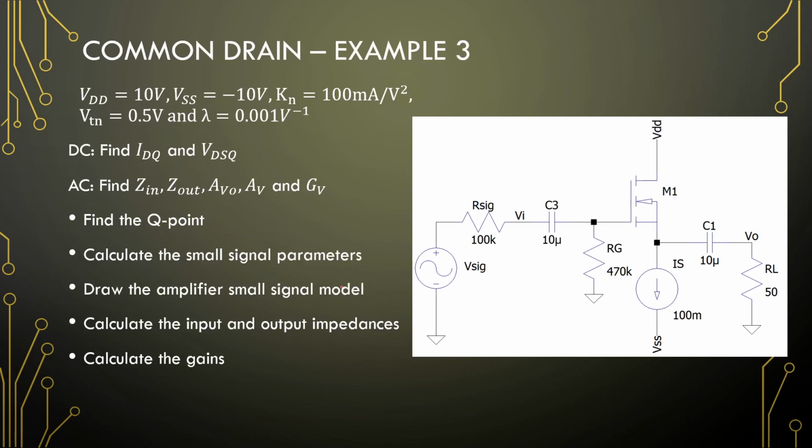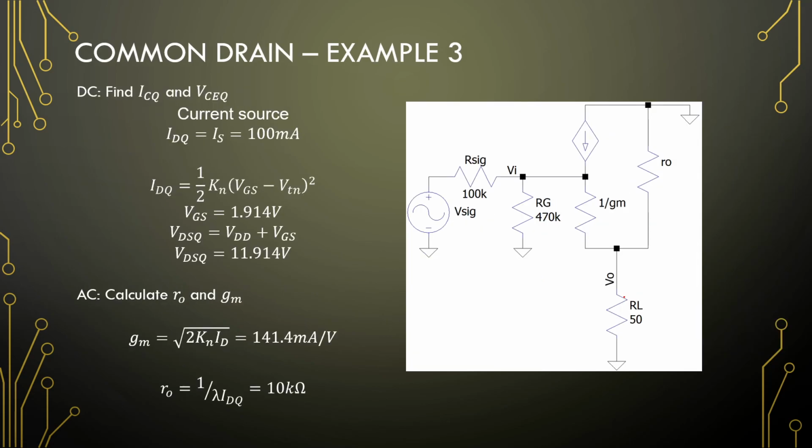Right. Our last common drain problem is the class A amplifier when we have a current source in here. So basically with that we say, okay, our drain current is 100 milliampere.